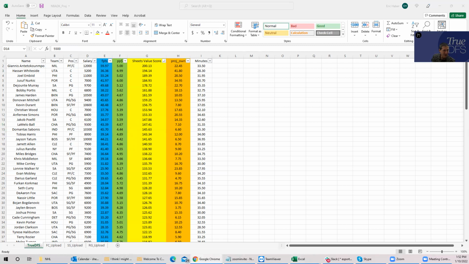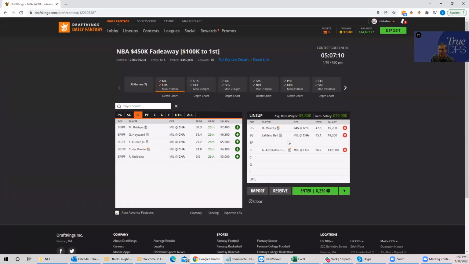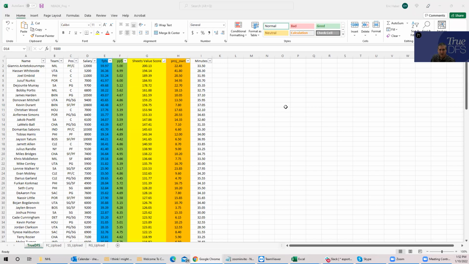Now the problem is when you pair these guys together. I'll give you an example. Let's say you did want to play De'Aaron Murray and also LaMelo and Giannis, then you only have 3,800 a person, so that's going to be somewhat difficult.